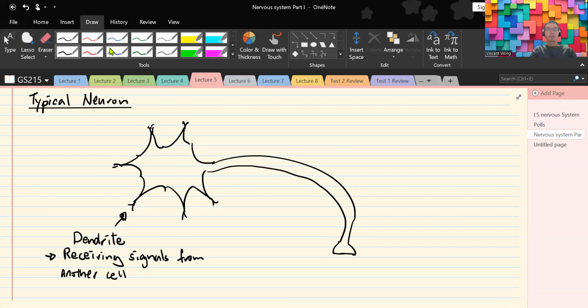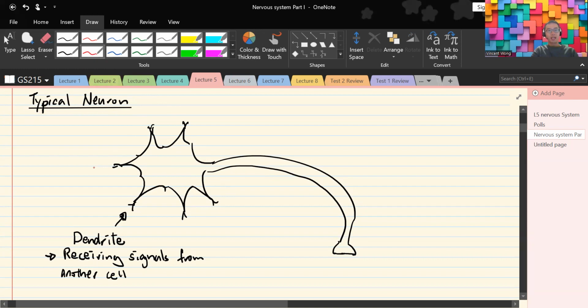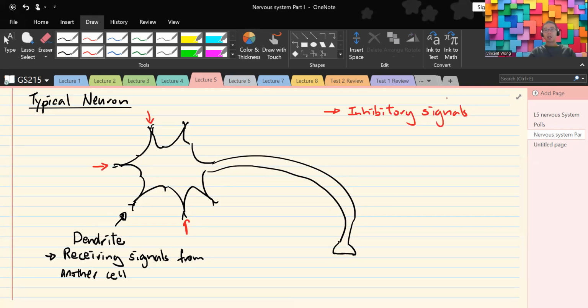And there are two types of signals in general. We have signals that are inhibitory, okay, like these red arrows. Inhibitory signals. They will tell the neuron to stop firing, to stop passing on the signal. Okay? And sometimes you want to do that, right?